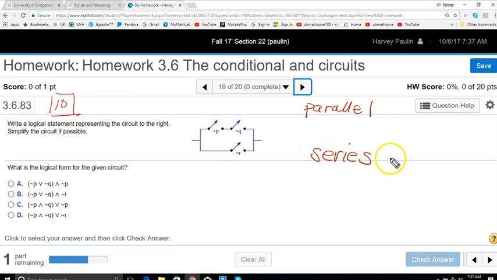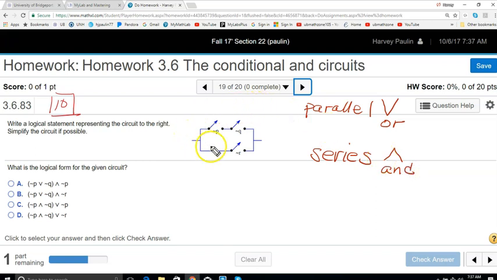So in a sense, where it's true, we would use a caret here for series. Now, parallel, if one part of it is closed, the other part is open, it will still run. So in a sense, this is the inverted caret. So this is the or, and this is the and.